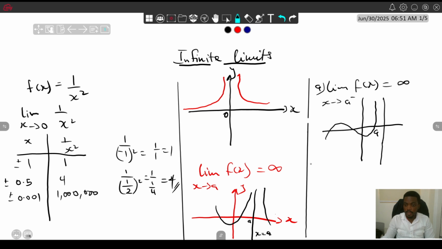Then let's have one more, b: the limit as x approaches a from the right of f of x equals positive infinity. So we also have something like that, from the right, going up.